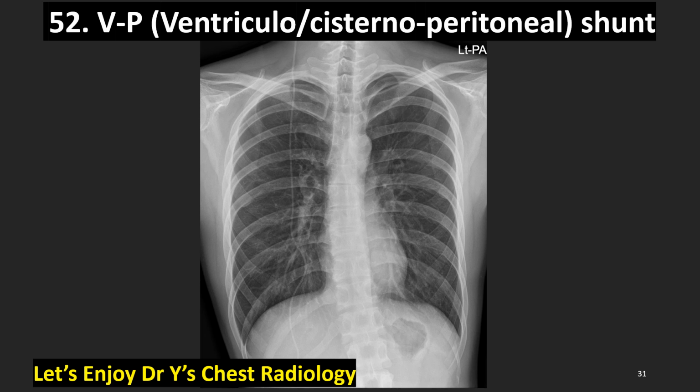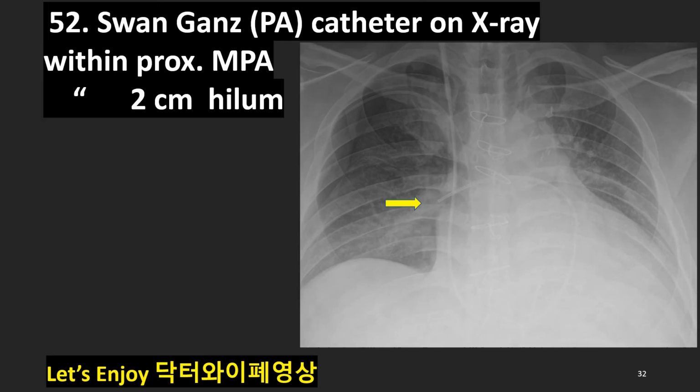VP shunt, ventriculoperitoneal shunt, from the head over the neck to the peritoneum. It's okay. Swan-Ganz catheter on X-ray. This is totally in the cardiac surgeon's hands, not the radiologist's, but it should usually be within 2 cm around the hilum.